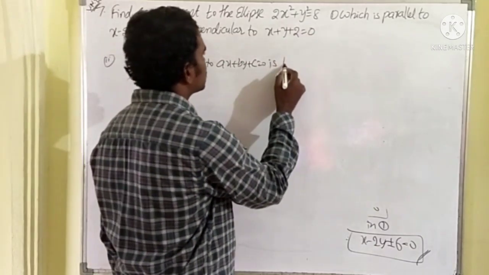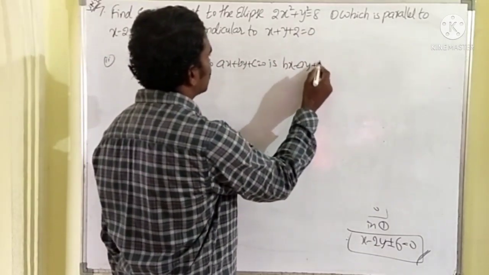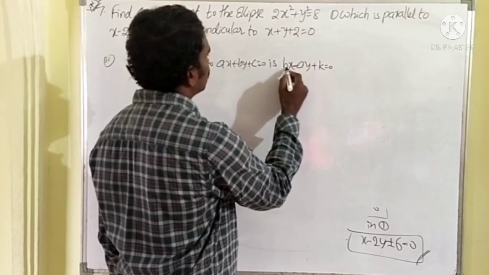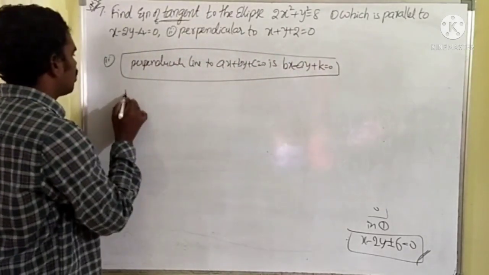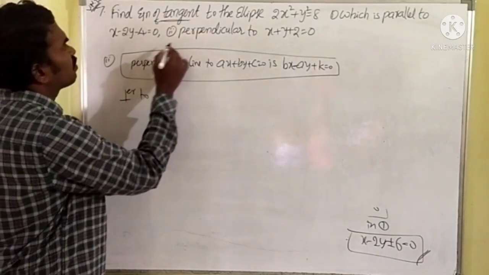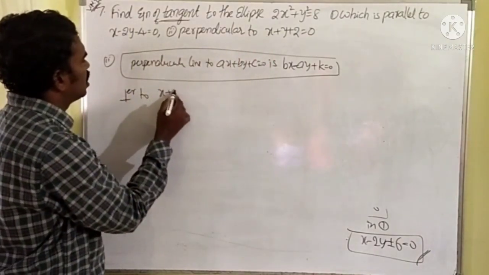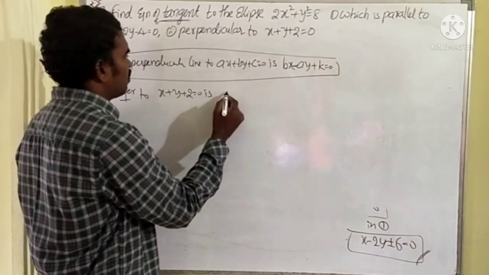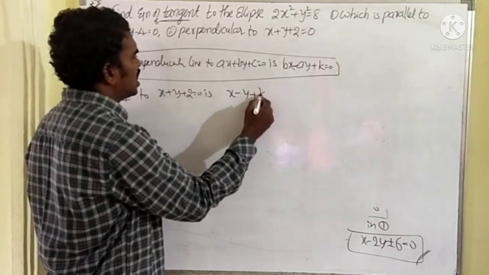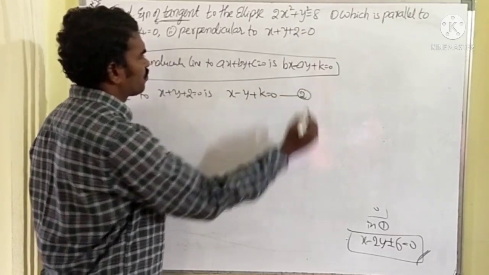So the formula is bx minus ay plus k equal to 0. According to this formula, the perpendicular to x plus y plus 2 equal to 0 is 1x minus y plus k equal to 0, equation 2.